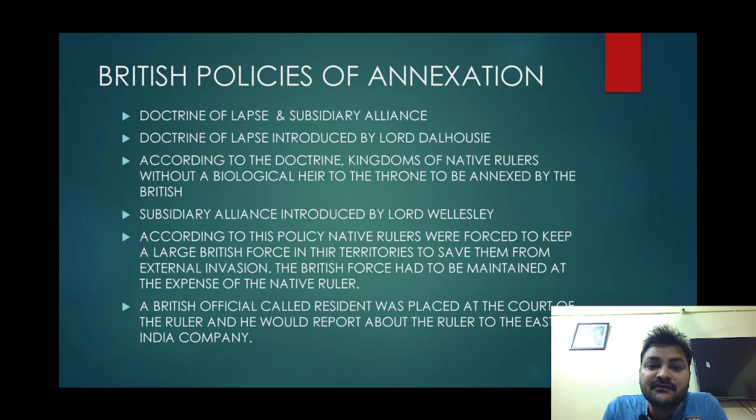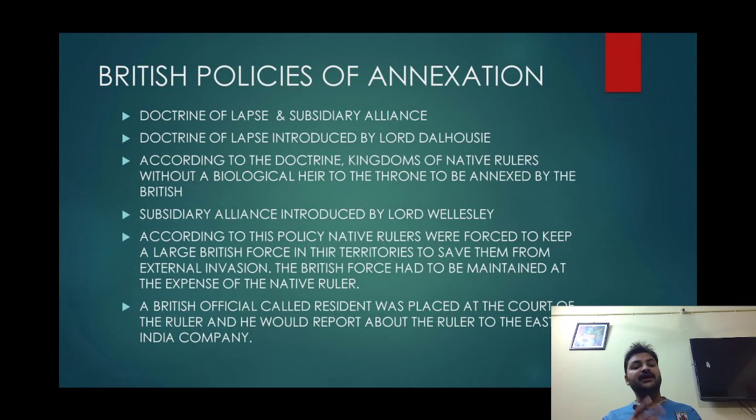The second important policy was subsidiary alliance. Subsidiary alliance means you do whatever you want to do, you rule, but your military will be mine. And I'll keep the military to protect you. But for keeping that military, you will have to pay me.